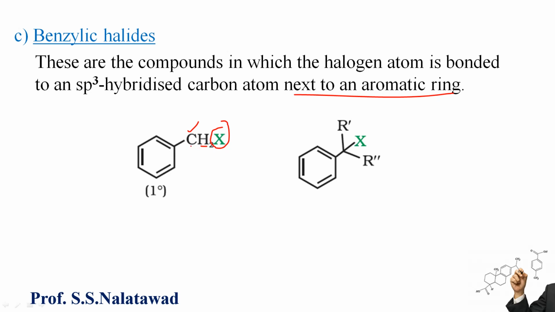This carbon is attached to the aromatic or benzene ring, so we call it primary benzylic halide. In next example, you can see this halogen atom is attached to sp3 hybridized carbon atom.